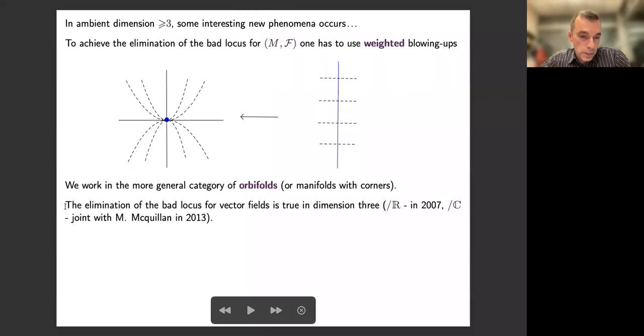The elimination of the bad locus is also known for vector fields in dimension up to 3. In dimension 2, it is exactly the Seidenberg–Bendixson theorem, and in dimension 3, it is a result by me in 2007, then generalized in joint work with McQuillan for the complex setting in 2013.